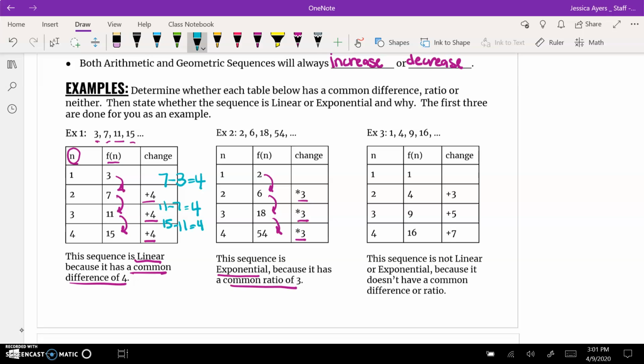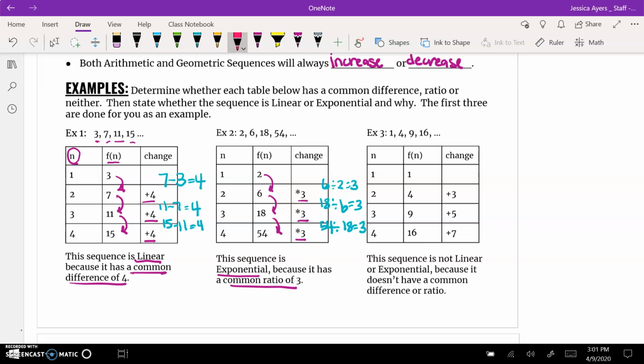So we know that doesn't work. But if we look, we can do 6 divided by 2, and that is 3. And 18 divided by 6, and that is 3. And 54 divided by 18 is also 3. So you just kind of go through the motions. You're either adding or you're multiplying. So you do the opposite, subtract or divide.